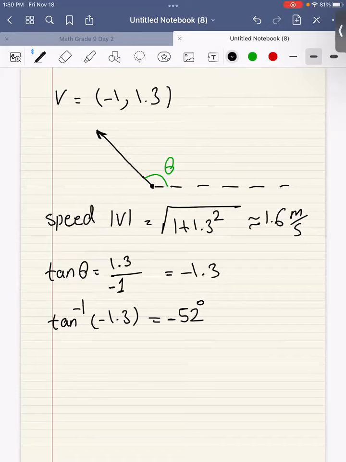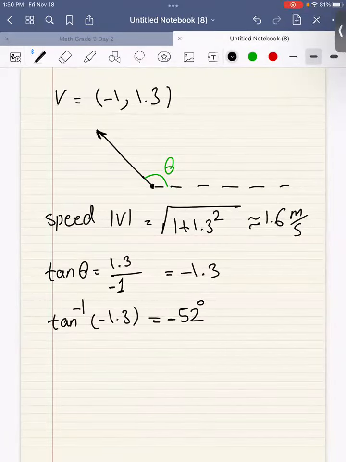So let me tell you, this is important. Tangent is negative in this quadrant and this quadrant. But we know that the vector we are looking for lives in this quadrant. So if this is theta, and this is minus theta, which is basically minus 52, this guy would be 180 minus theta.